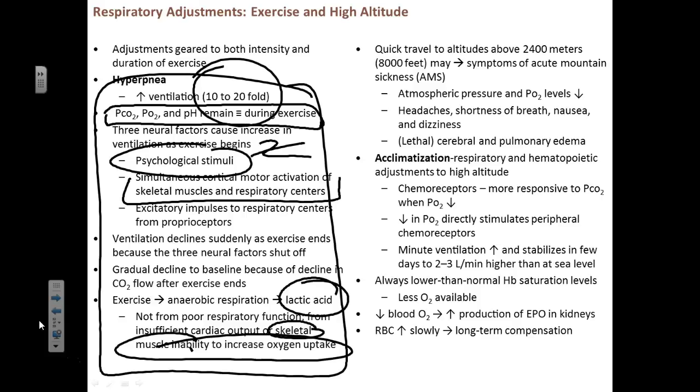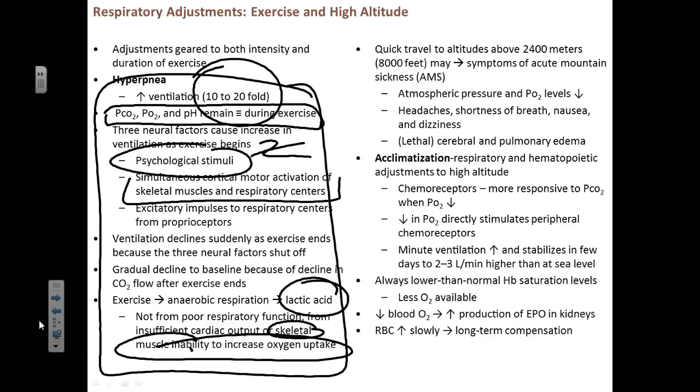But you can't sprint for an extremely long time because lactic acid will accumulate and cause inflammation in the muscle and will cause soreness. Okay, you will also run out of gas because fermentation produces ATP at a much less effective level. That makes sense? So that shows you that it's not oxygen supply, it's not lung insufficiency. It's either inability of the heart to pump or intermittent blood supply to the muscles. Okay?